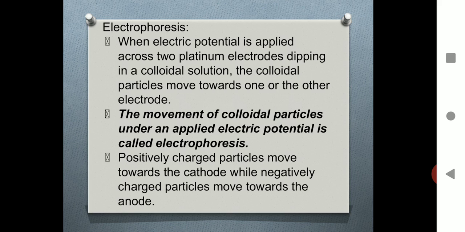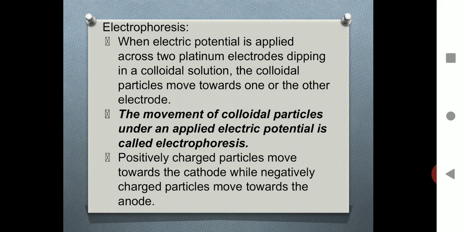Now the next property shown by colloids is known as electrophoresis. This property also provides proof that colloidal particles are charged particles, because when we apply an electric potential across two electrodes dipping in a colloidal solution, the colloidal particles show a tendency to move towards either of the two electrodes.